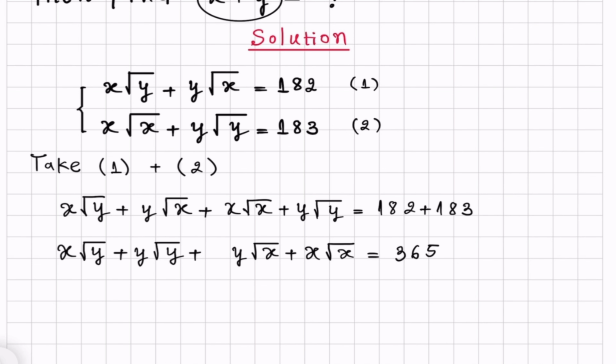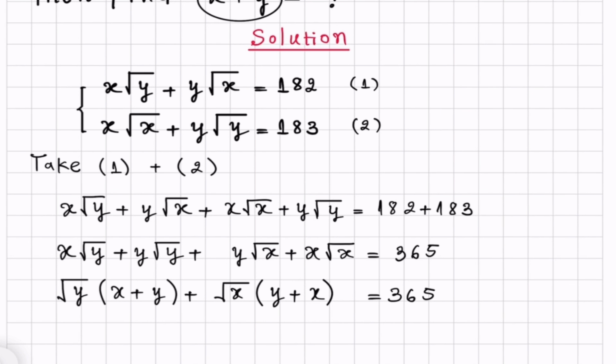365. And then we can take square root of y in common, then we will get x plus y, and we take square root of x in common, we will get y plus x, equals 365.